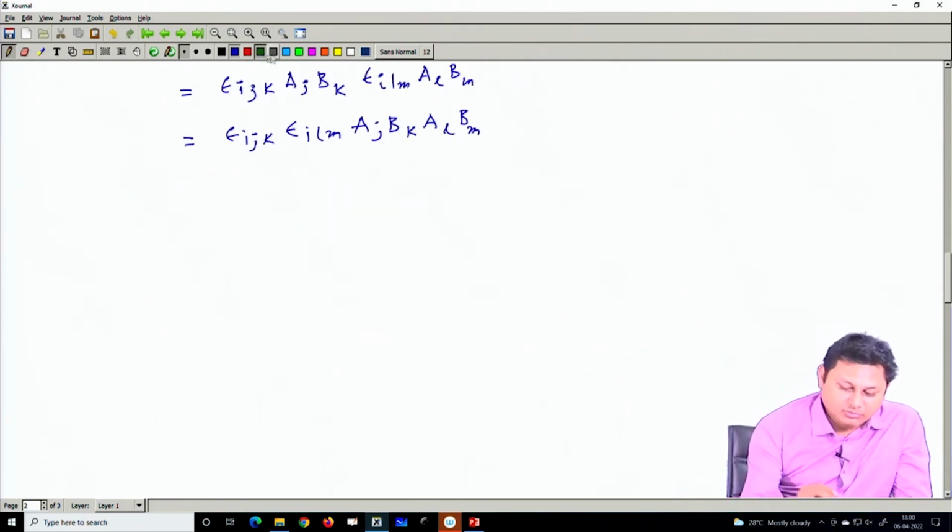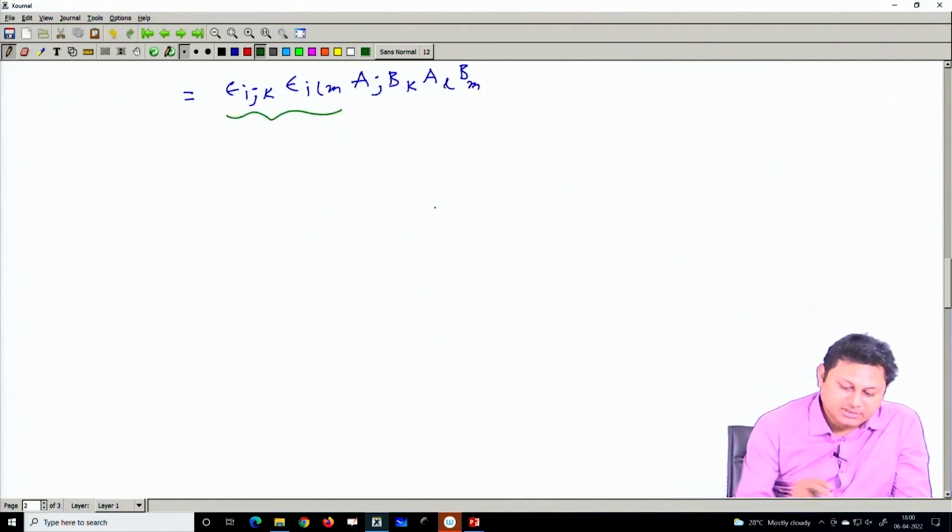So, now we know that when we have epsilon i j k and epsilon i l m, it is associated with a delta function.